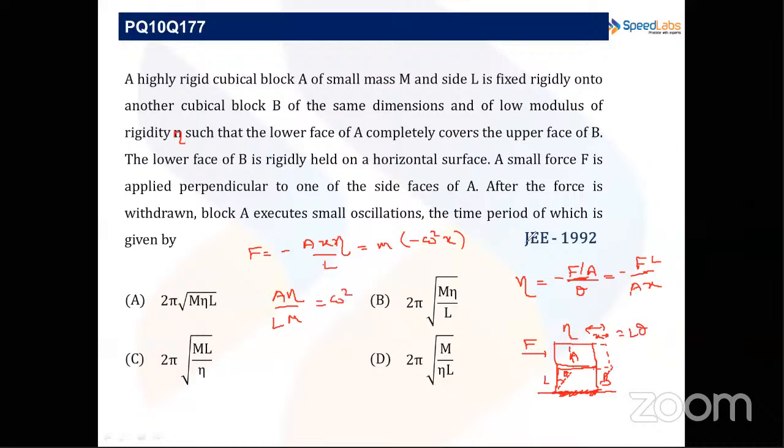What are they asking? Time period, 2 pi by omega. Omega is the square root of this, and eventually the time period is 2 pi by omega, so it turns out to be 2 pi root of L m by A eta.